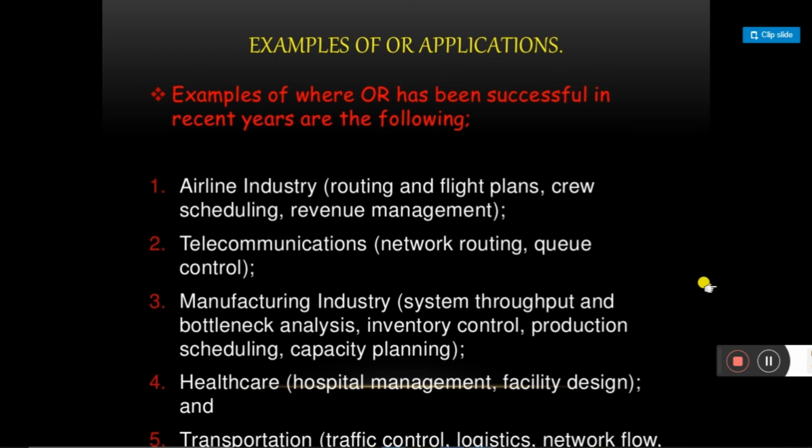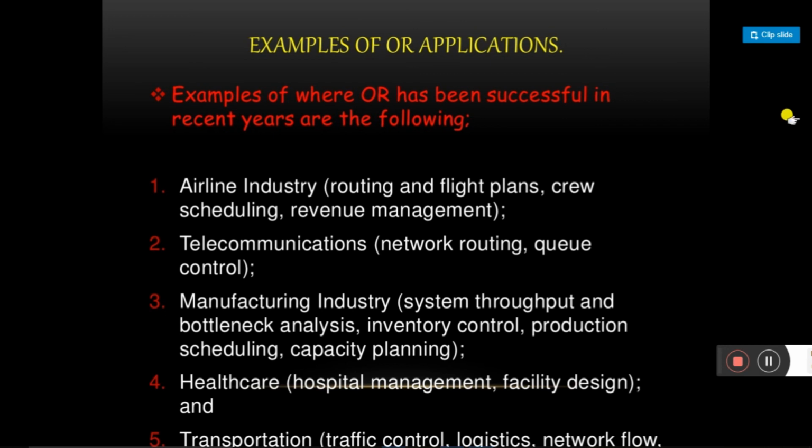Next comes telecommunication. Again, they use operation research in telecommunications for network routing, queue control, and many other applications. Here comes the manufacturing company: system throughput and bottleneck analysis, inventory control, production scheduling, capacity planning, healthcare, transportation.